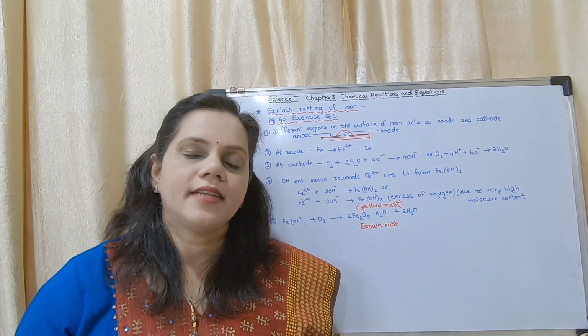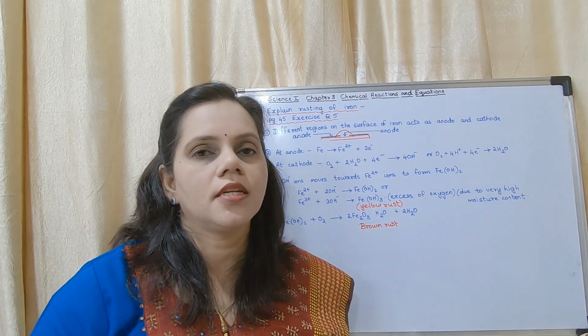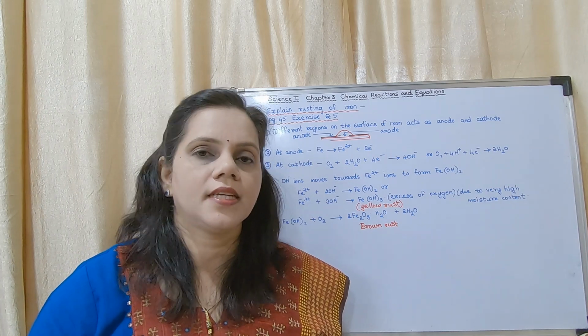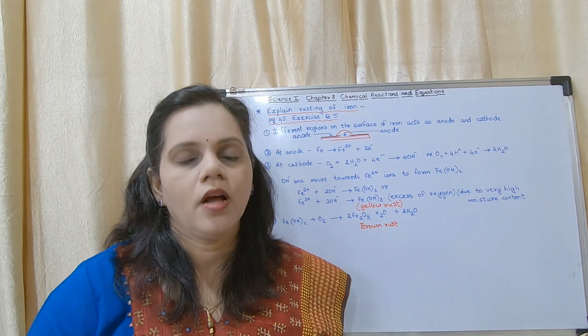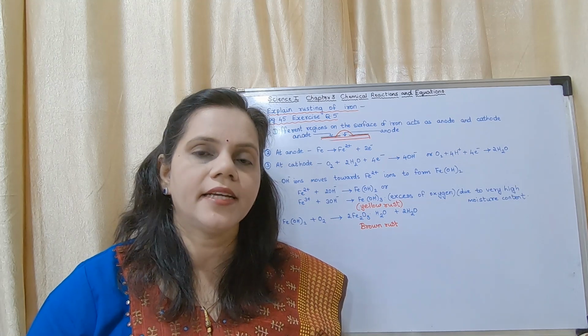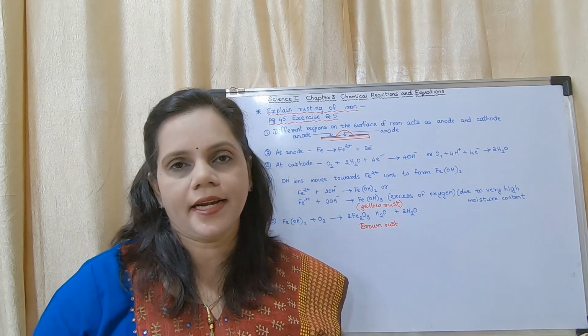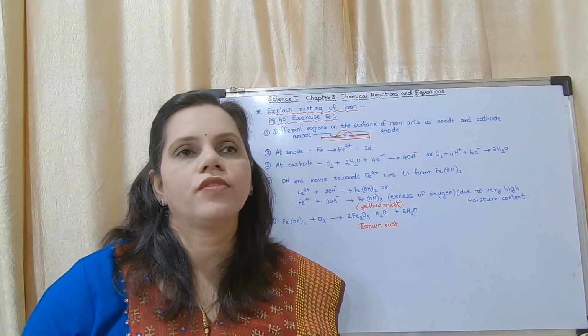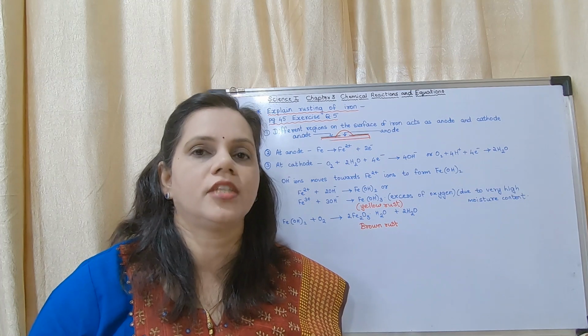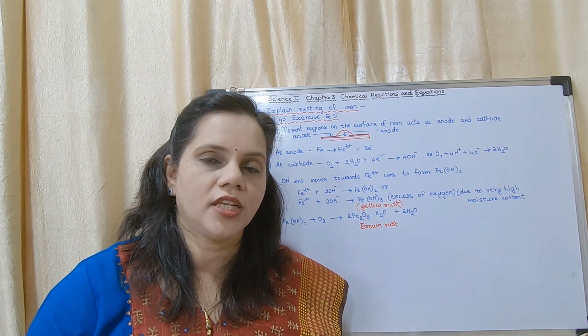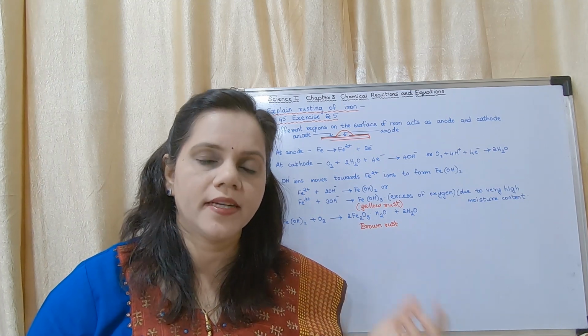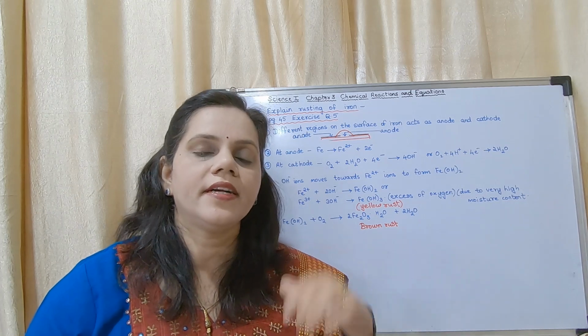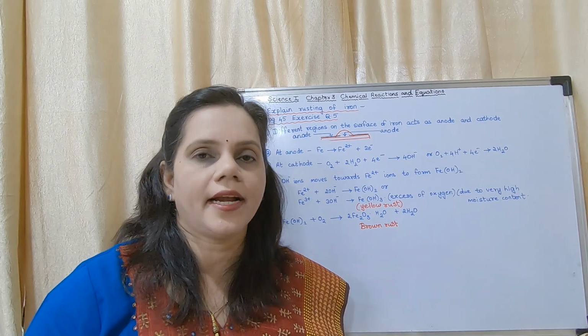Now, rancidity not only occurs in oil, it takes place in other products also. To prevent that, antioxidants are added. You might have heard about antioxidants in different foodstuffs. To prevent oxidation and spoiling, different antioxidants are added.